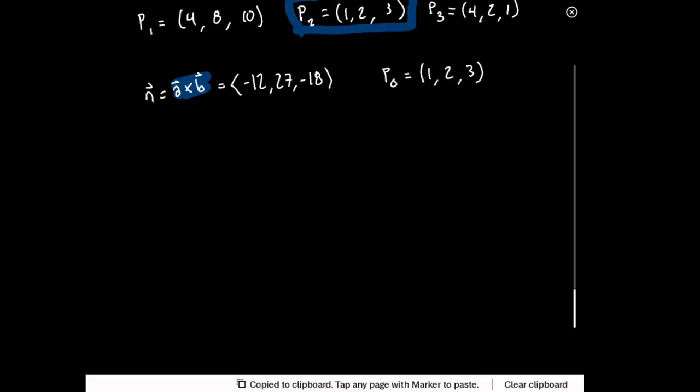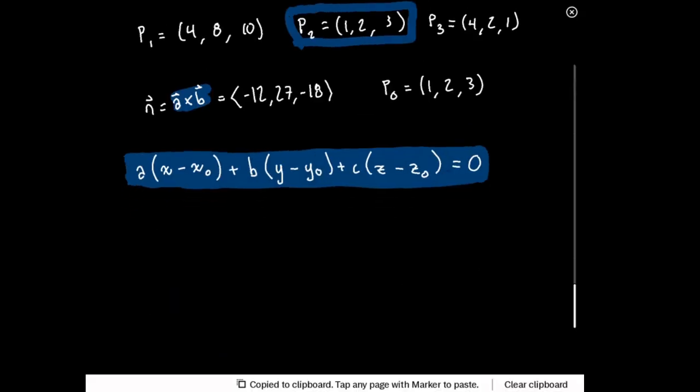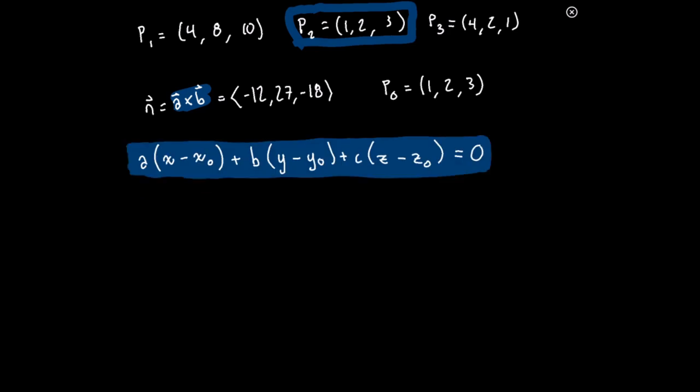Let's bring that down here and work based off of that equation now. So the equation for a plane. Now what are A, B, and C? A, B, and C are the components of the normal vector, and then x naught, y naught, and z naught are these right here. Let's go ahead and substitute everything in.